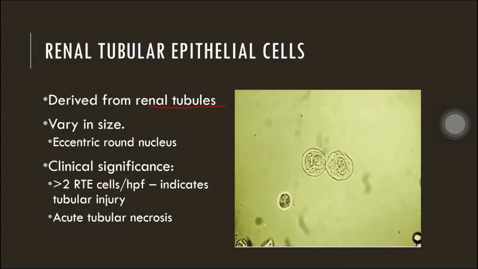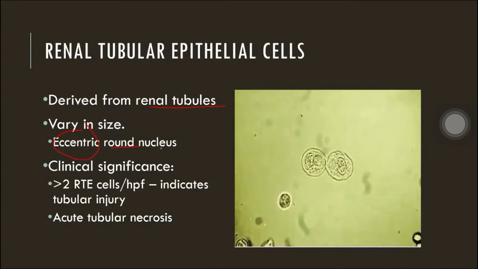How will you differentiate it from the transitional epithelial cells, since they may have a similar morphology? RTE cells still have a round nucleus, but the nucleus is placed eccentrically in the cytoplasm. Eccentric means on the side.